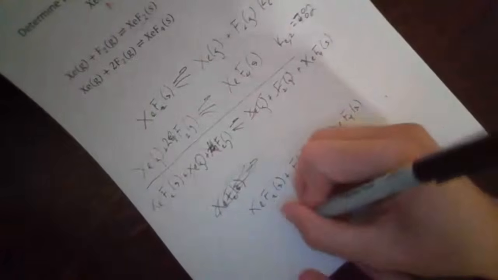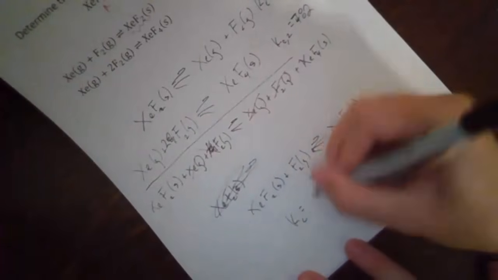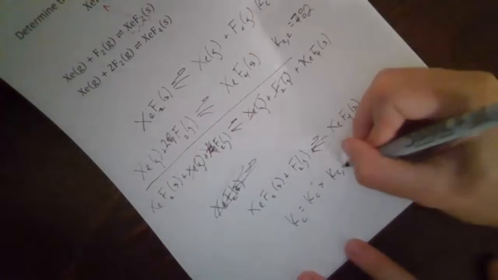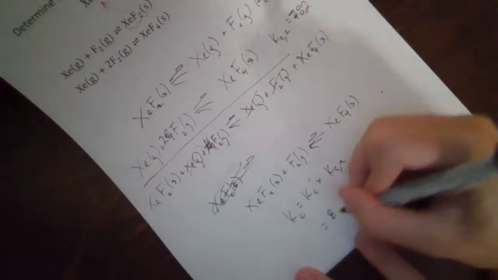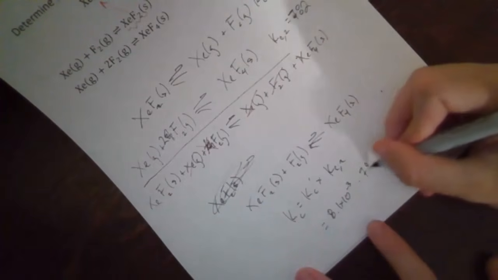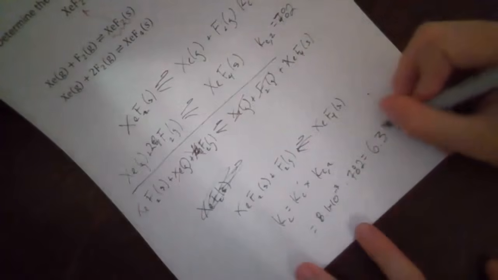So what that means is the equilibrium constant for this overall reaction is going to be that Kc prime times Kc2. Be equal to 8.1 times 10 to the negative third times 782, which is equal to 6.31.